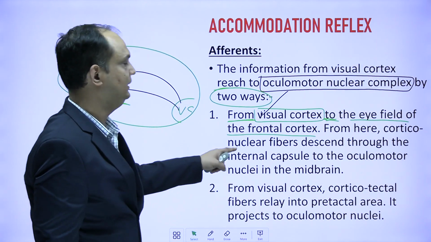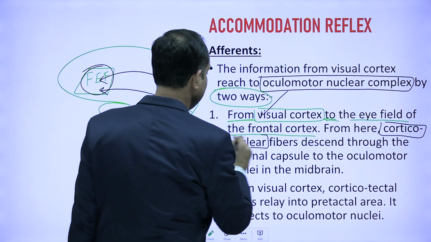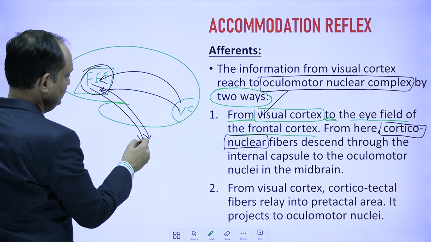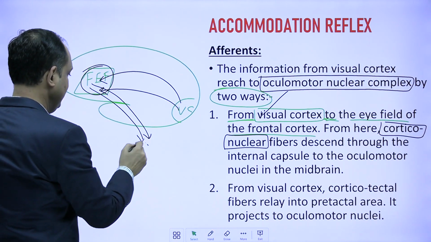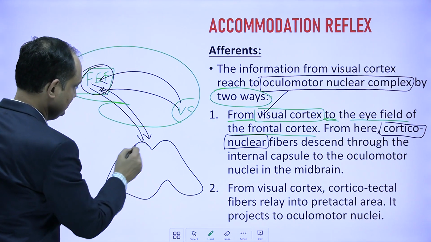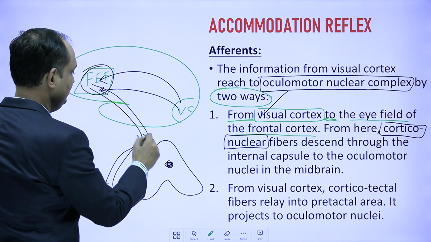Now, from the frontal eye field, you have the corticonuclear fibers. These corticonuclear fibers approach your midbrain. Suppose this is your section of the midbrain. These fibers will approach the nuclei present in the midbrain.